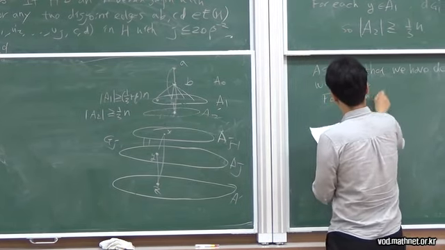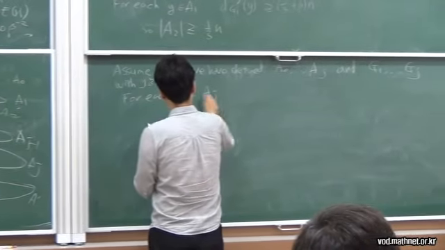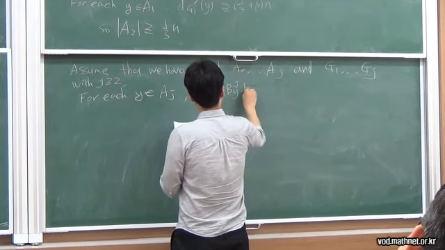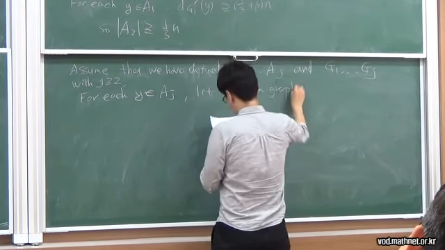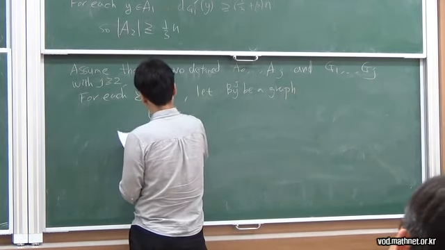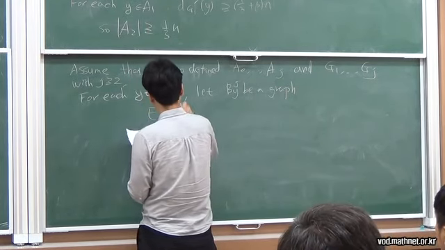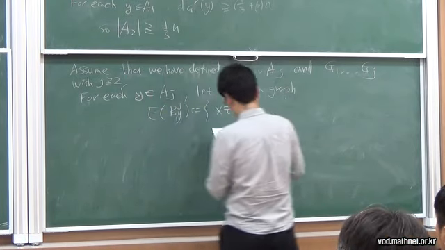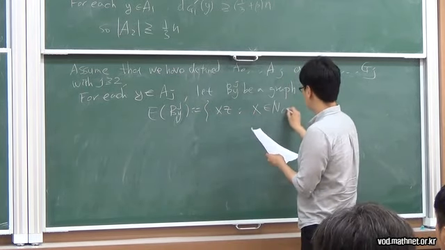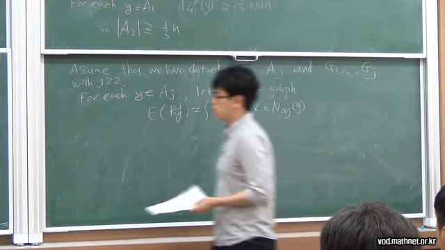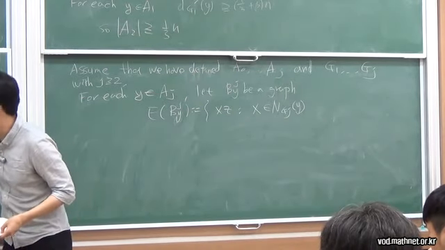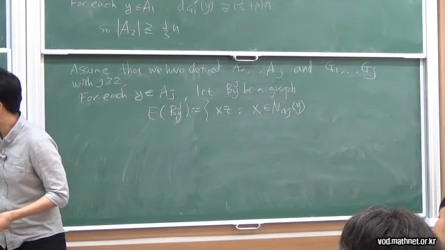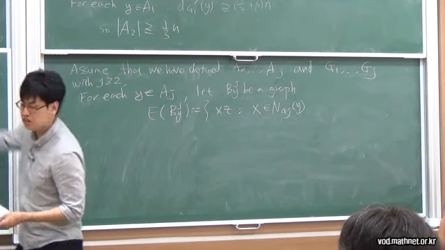So for each Y in A J, let P Y J be a graph with its edge set between X and G if X is a neighbor of Y. So there is this edge which belongs to G J, so that we can later go up again.